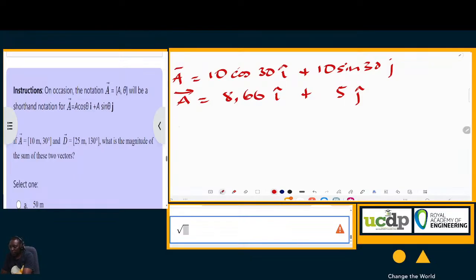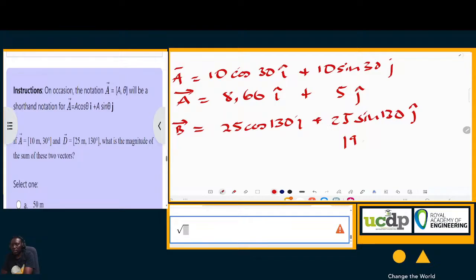We also express vector B like we did in vector A, which is 25 sine 130, equal to 19,15j.